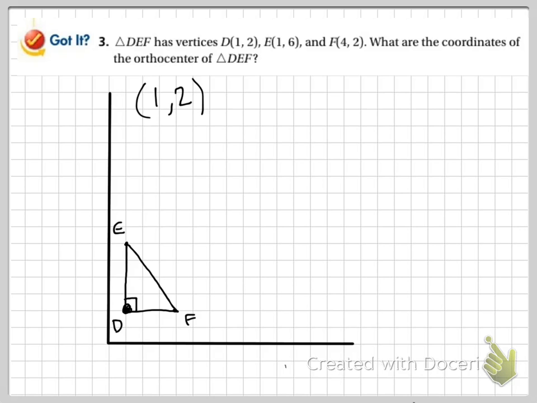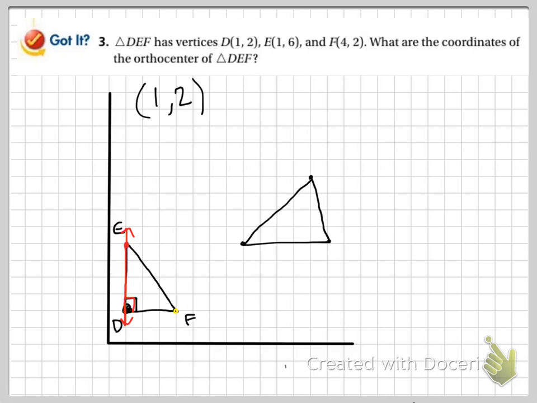If I were looking at a triangle something like this, remember my orthocenter, and let me draw my altitudes over here, right? It goes from a vertex perpendicular to the opposite side. So there's one of mine. Here's another one.